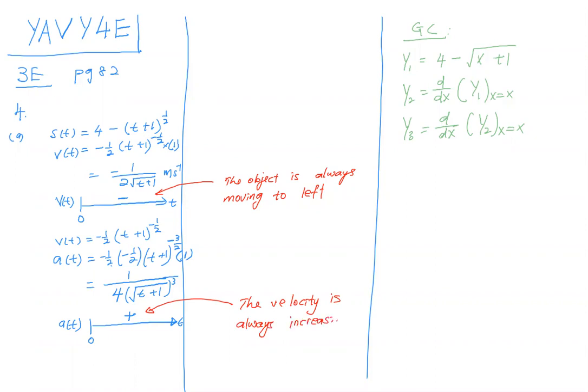So when we say the velocity is always increasing, okay, moving to the left, yes, because the sign of the velocity sign diagram is negative. If velocity is negative, it means the particle is moving to the left.